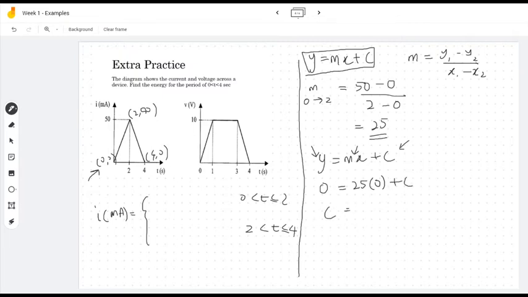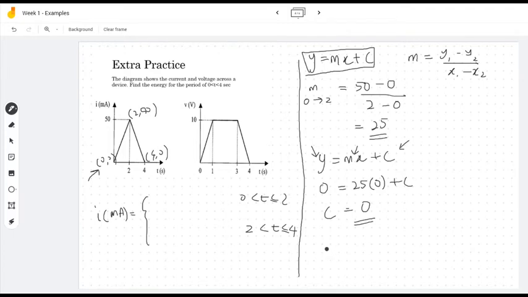So my c is 0. Okay, so you might say, Madam, actually I don't have to do all this. The y-intercept is 0, straight away I can get 0. Yes, you are correct. You can actually just look at the graph. As I mentioned just now, you can get information out of the graph.